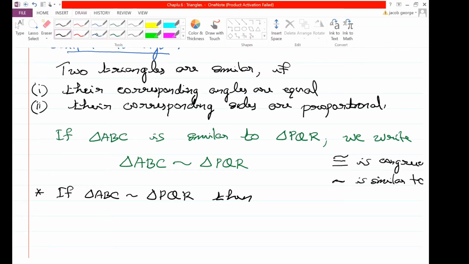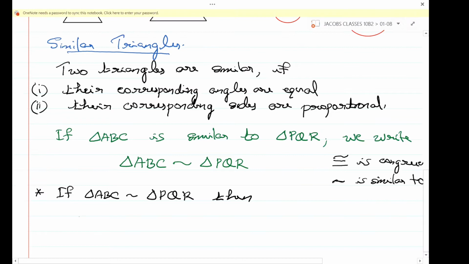Corresponding angles are equal means AB should be equal to PQ. AB means the first and second I am taking, and on the second part it is PQ. Then BC should be equal to which one? Can you tell me? BC equal to QR.